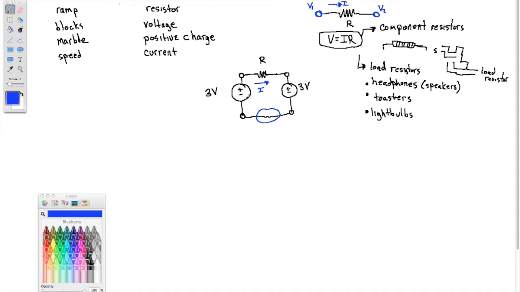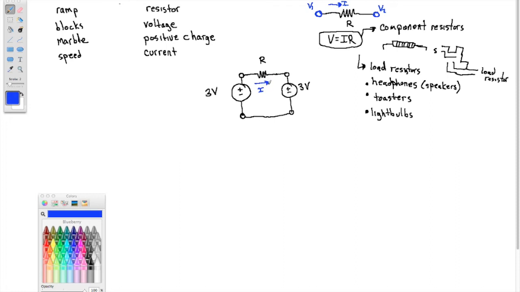So now this side goes up by 3 blocks, if you like, and this side goes up 3 blocks. So what's the difference in the 2 ends? 0. So in the Ohm's law equation here, for V we would put 0. So what's the current? The current is also 0.